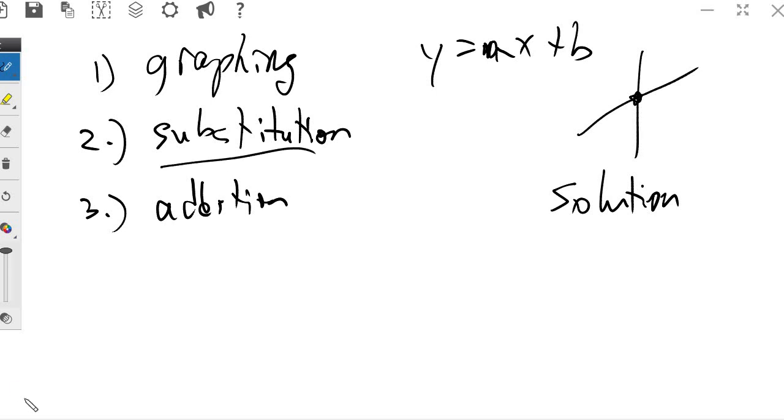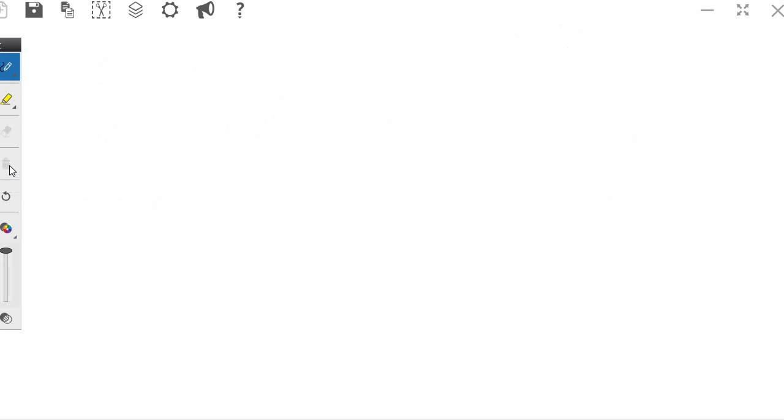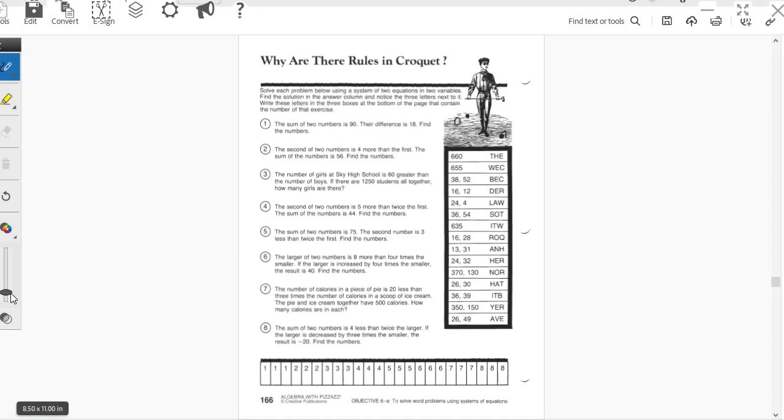Substitution means you replace, and then you want to get one variable. And addition is where you add two equations together to get rid of one variable, so you can just solve for the other. Those are the three ways that you've learned to solve a system of equations. If you need to review, just go back to the other videos.